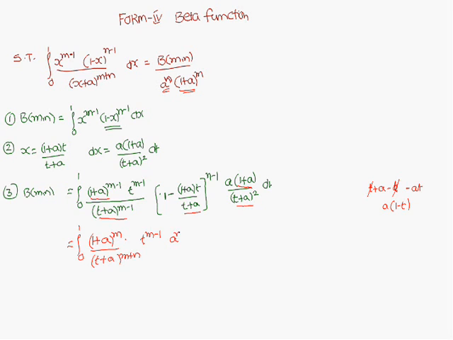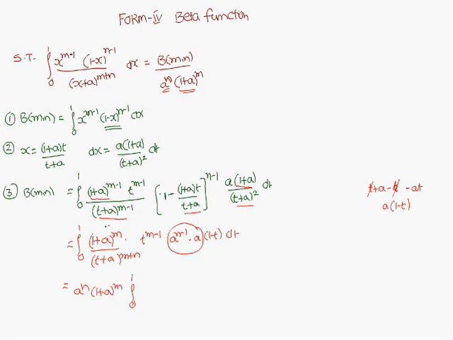So a power n minus 1 into a into 1 minus t dt. So what you are going to be left with is a power n into 1 plus a whole power m into integral 0 to 1. So 1 plus a whole power m, get it outside of the integral.